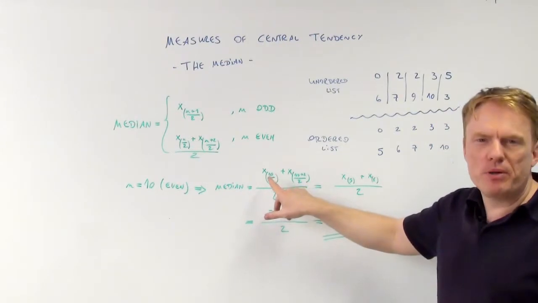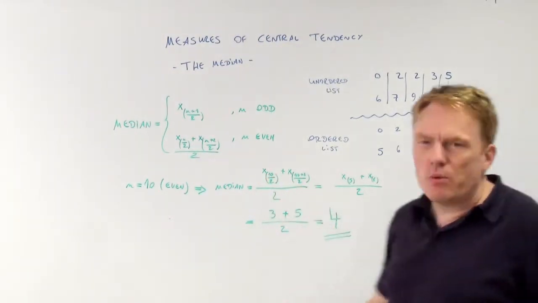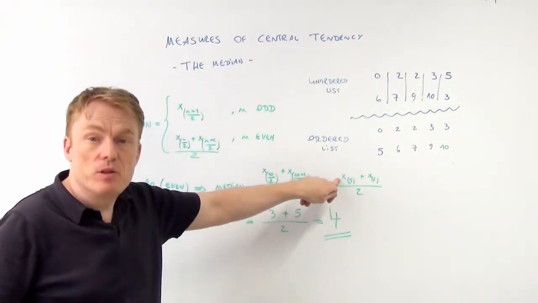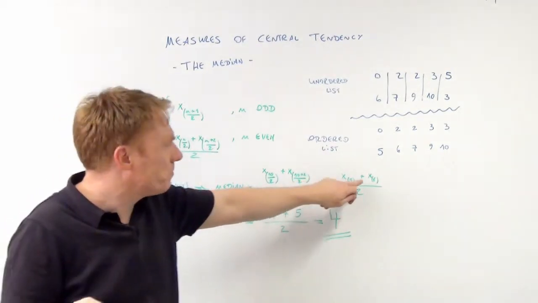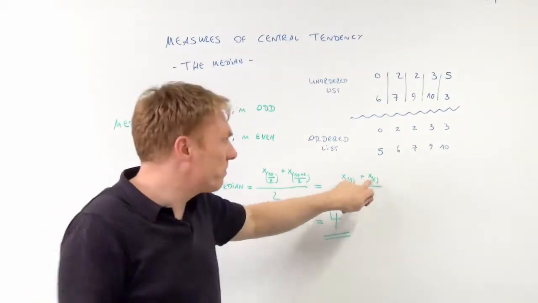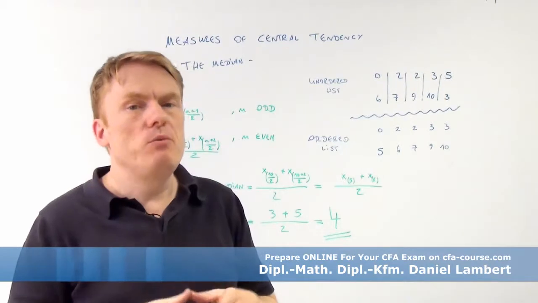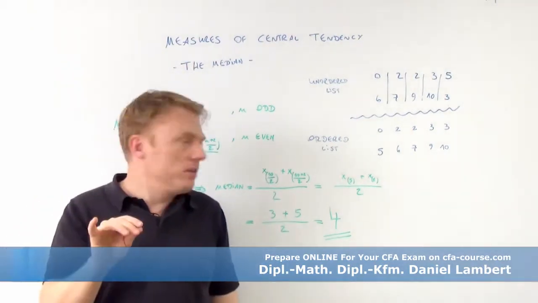Which means we put in n equal to 10, which means we need to have the fifth value of the ordered list, since 5 is put in brackets, plus the sixth value of the ordered list, and the sum afterwards divided by 2, which means the arithmetic mean of the fifth value and the sixth value.